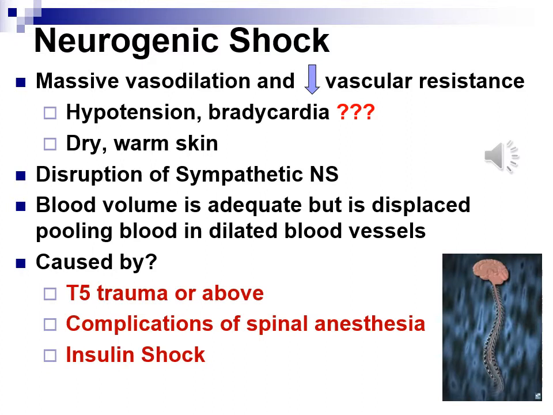Neurogenic shock, as I said, can be caused by trauma to the spinal cord, complications of spinal anesthesia, insulin shock, and overuse or abuse of some narcotics and benzodiazepines. You will talk more about neurogenic shock at the end of the semester when you study spinal cord, but we'll just go through a few nursing interventions in the next slide.